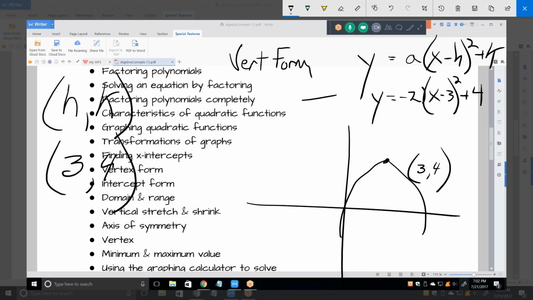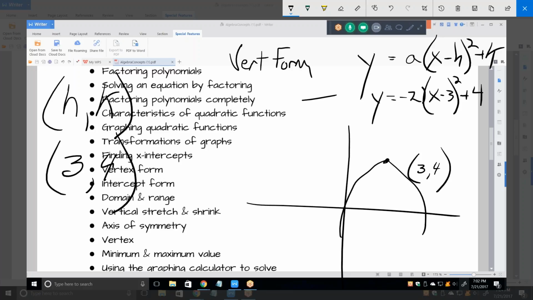Now, when it opens down, let me restate that. When it crosses the x-axis, you notice the first time I drew it, it went up, right? Which means it never is going to cross the x-axis.